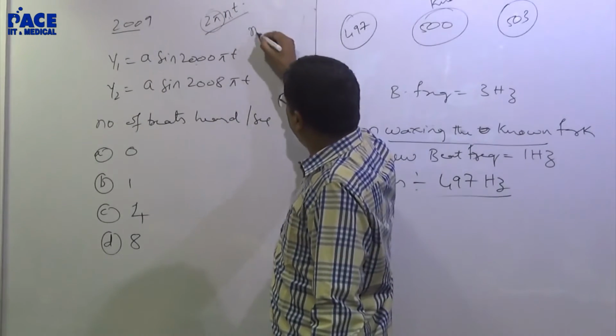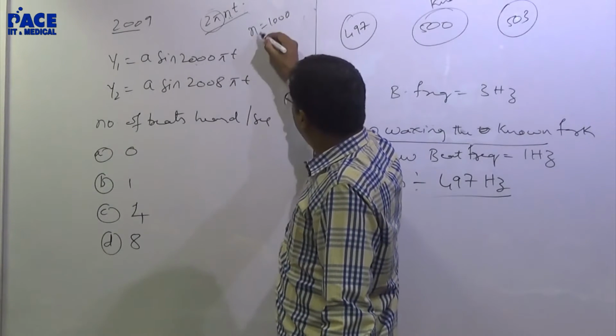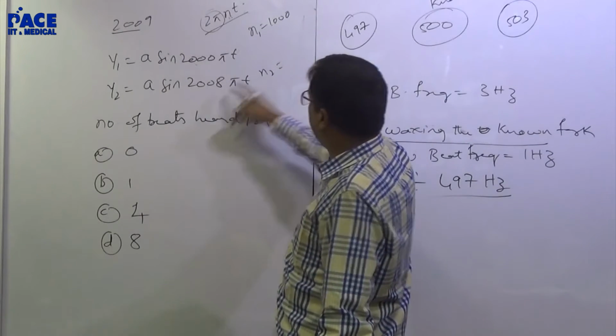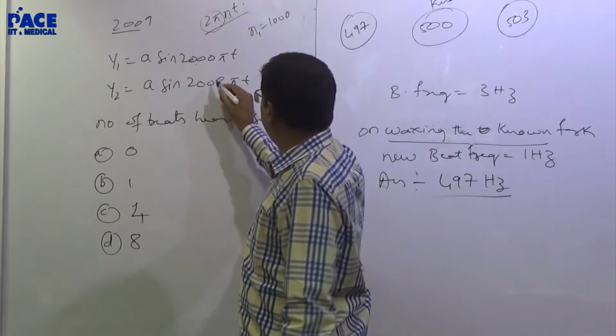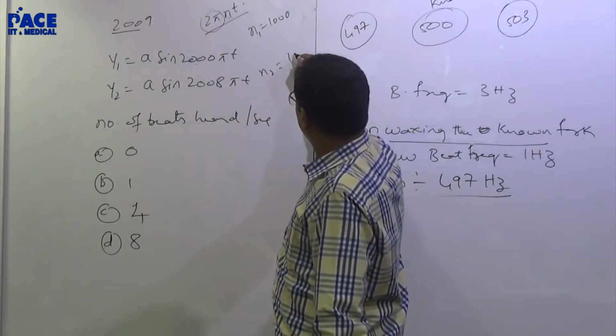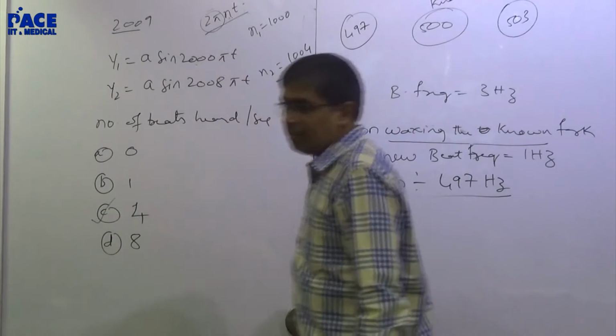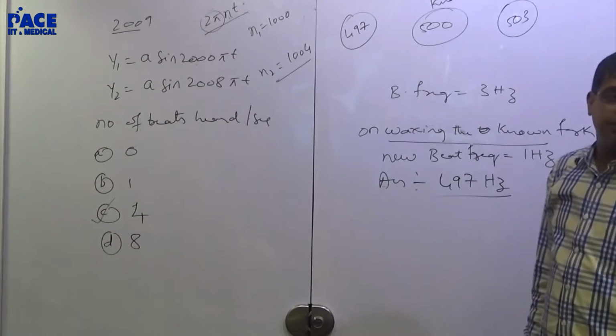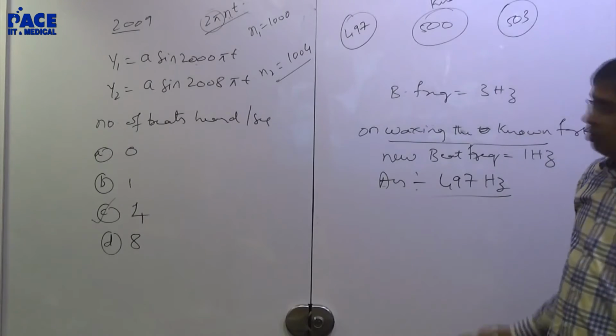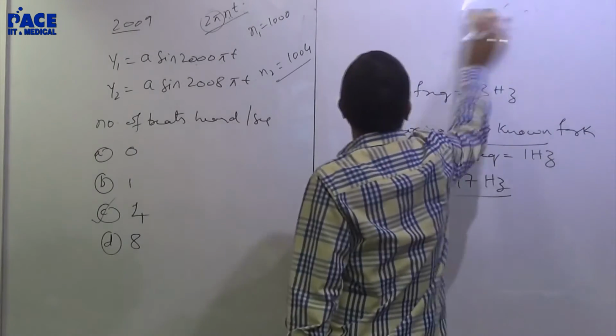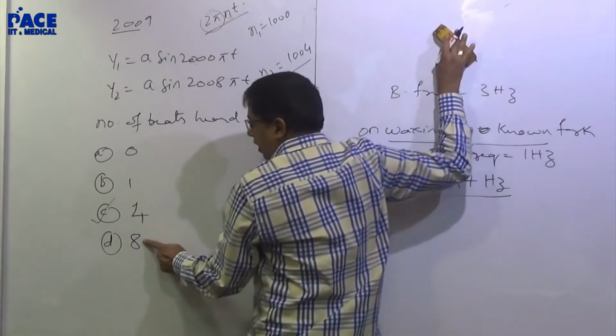So what will n be? 1000. Here what will n2 be? This will be 1004. So what is your beat frequency? N1 minus N2 will be your beat frequency. They wanted the student to fall for the trap of 8.